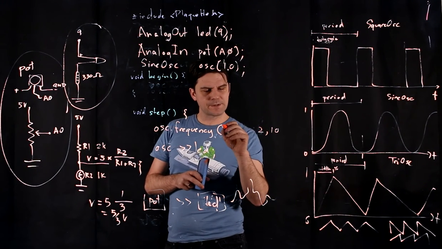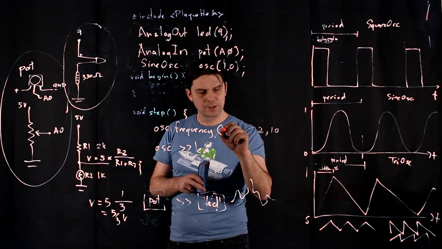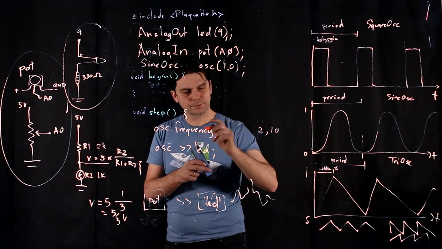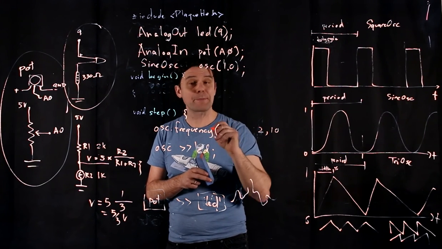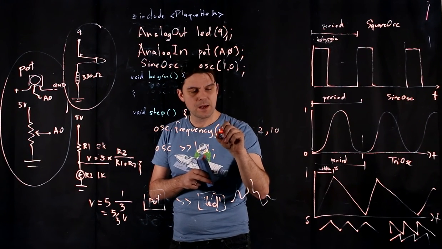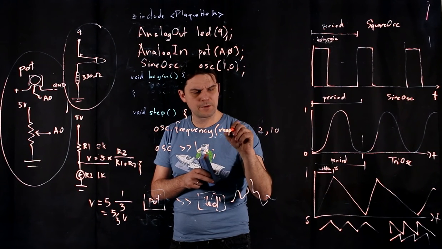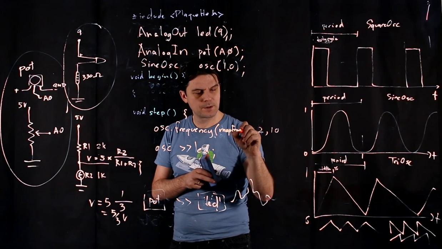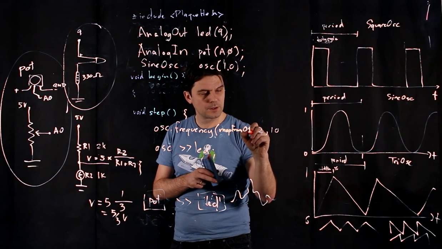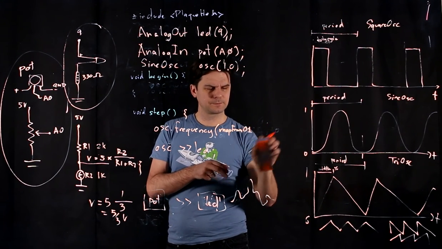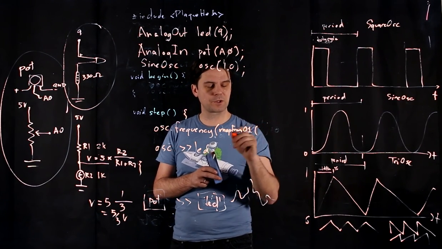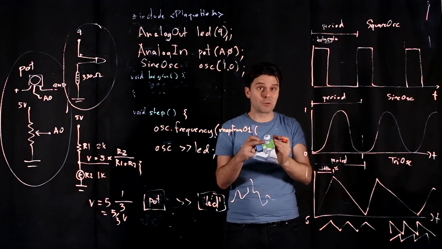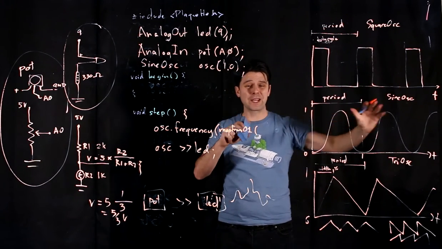What I can do here is use a function called a mapping function, and I'll say map from 0, 1. This function will take a value that's between 0 and 1 and change it into another range.